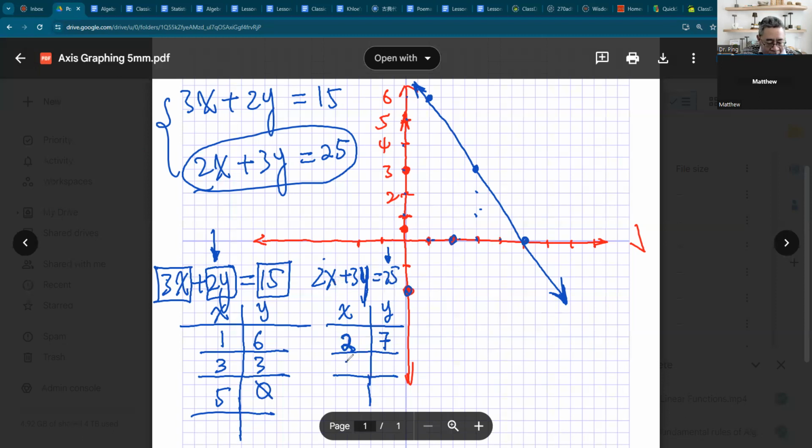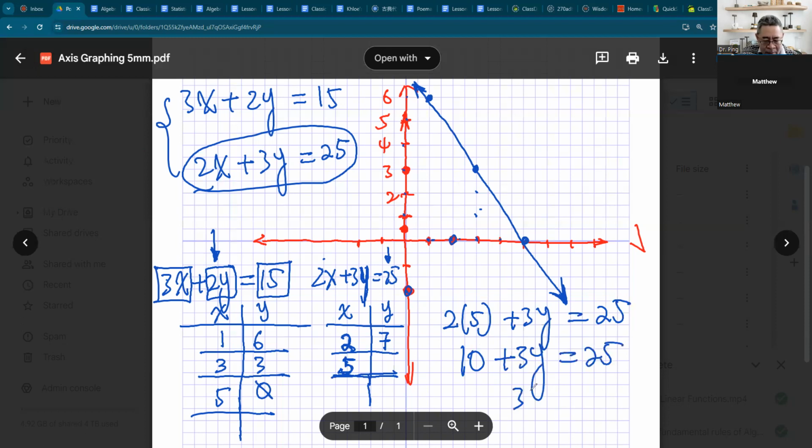We can pick x as 5. Then 2 times 5 plus 3y equals 25. Then it's 10 plus 3y equals 25. Then 3y will be 15. Then y will be 5, right?